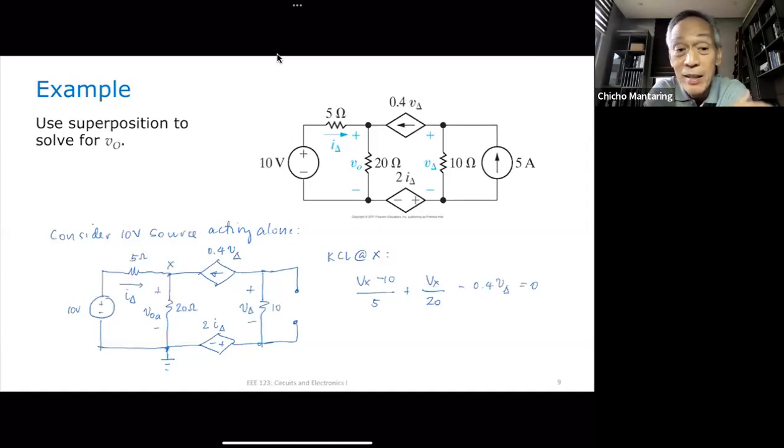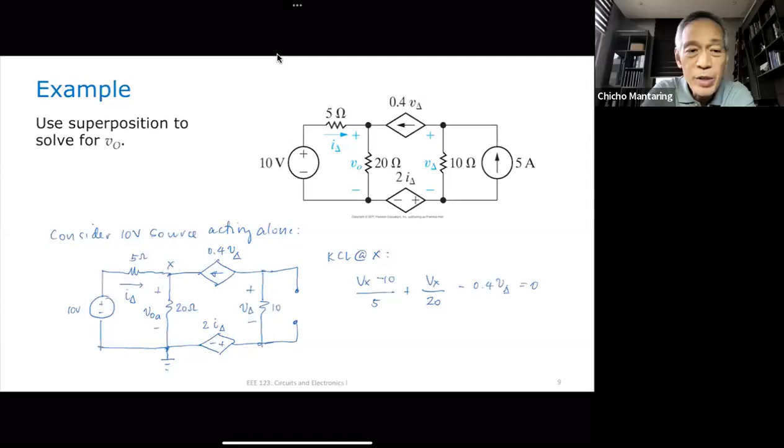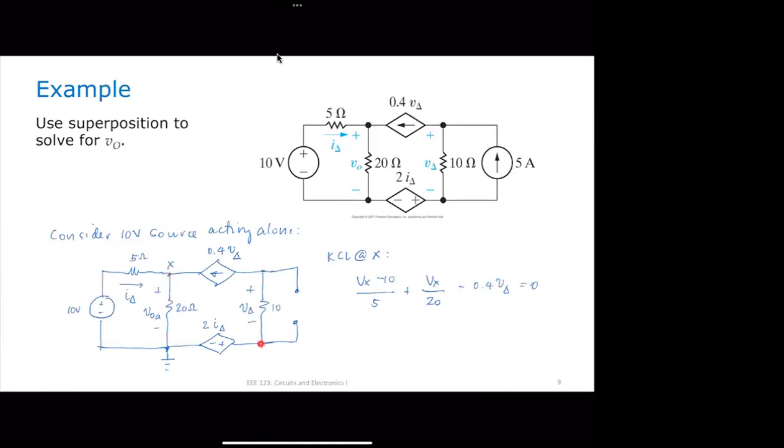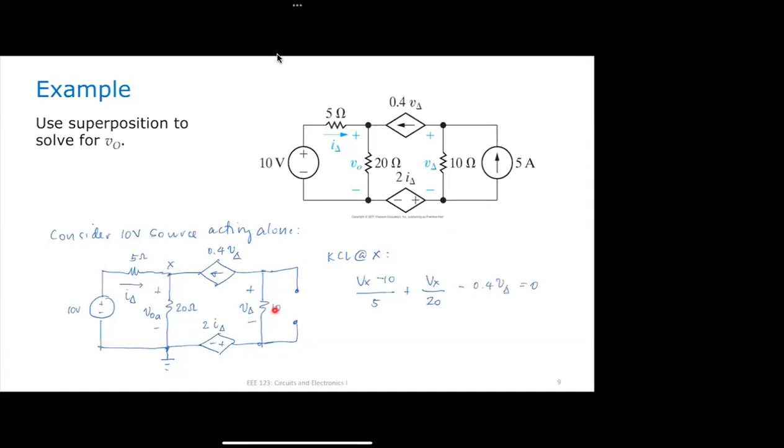Yes, Alberto. X minus 2I delta over 10 ohms. Okay, you're saying X, the voltage here, minus the voltage here over 10 ohms would be what dictates the dependent current source, sir.